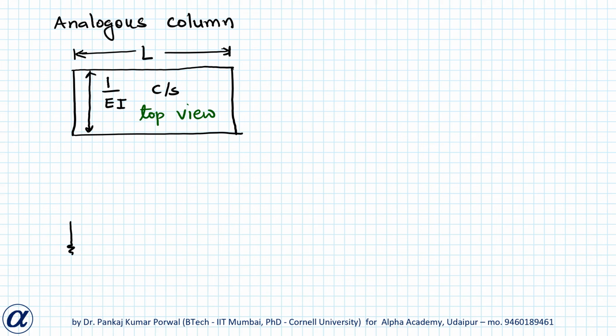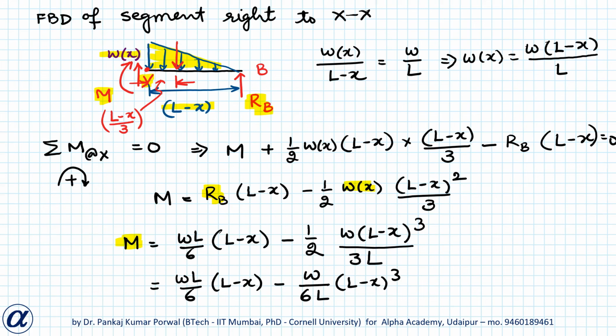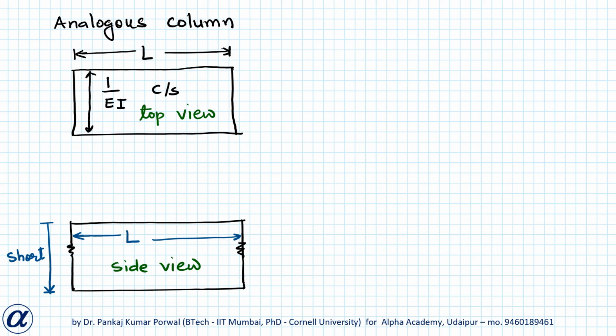The side view will be a short height and width L. On this short column we will apply the loading equal to Mx upon EI, and M we have just got as WL by 6 (L minus X) minus W by 6L (L minus X) cube, and this will be a parabolic loading. So I will apply some parabolic loading.